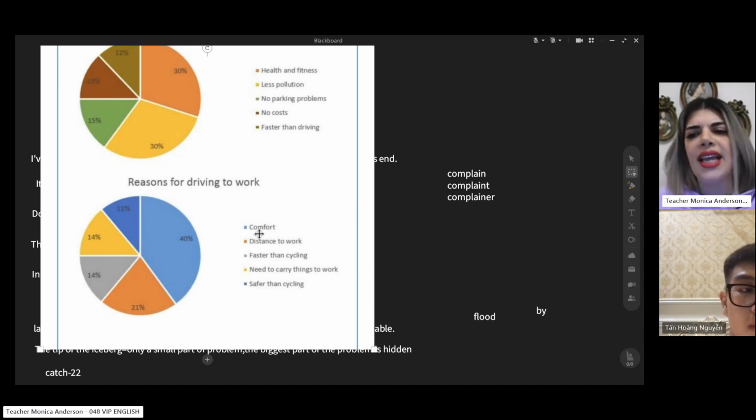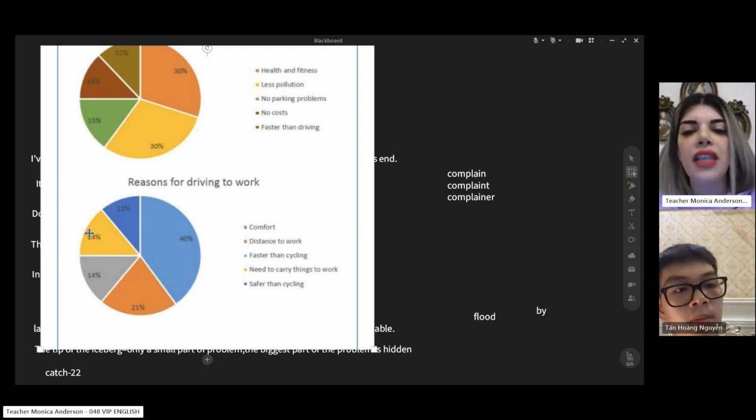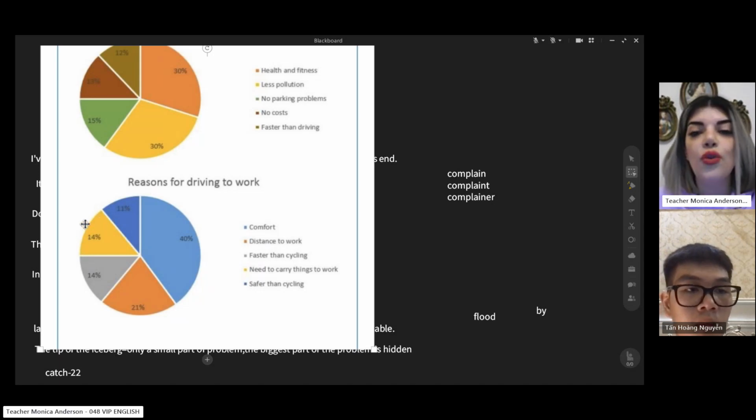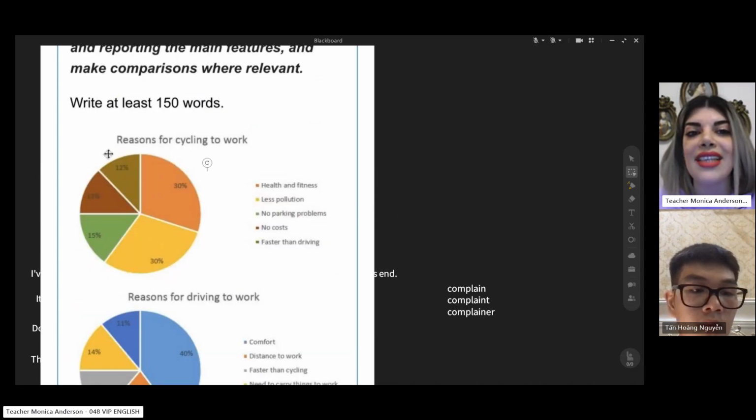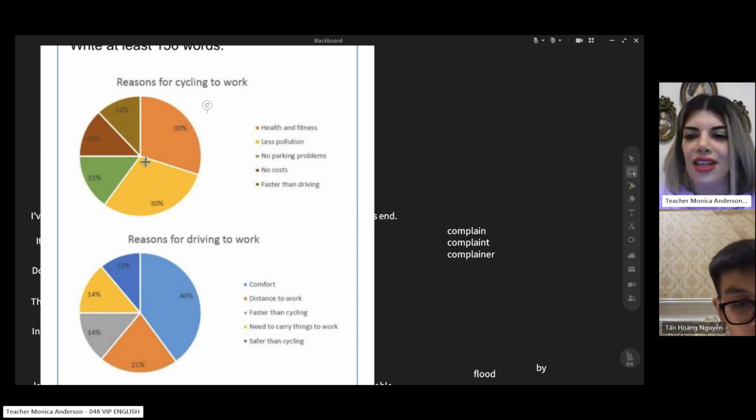So we can say that for 14% of people, a faster journey time is a key factor compared to a figure of 12% of cyclists, because we have the same thing here: 12% cycling faster than driving. So we make a comparison here.